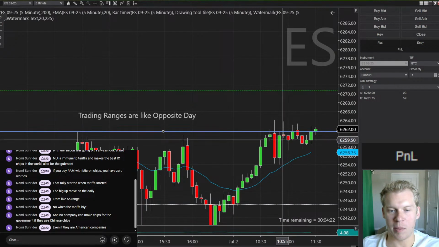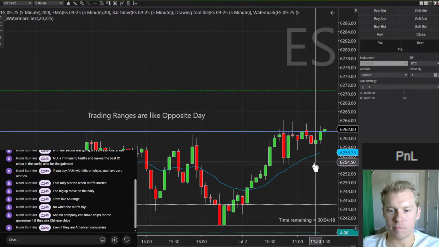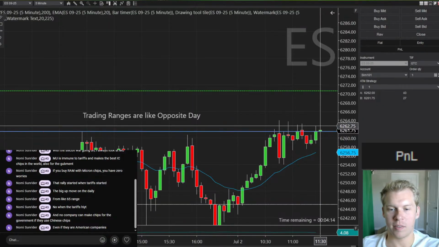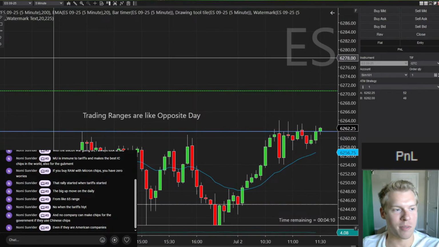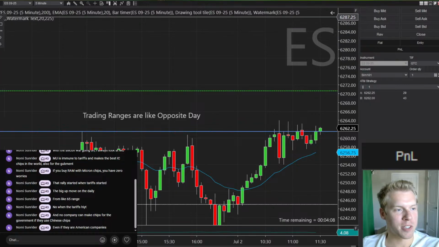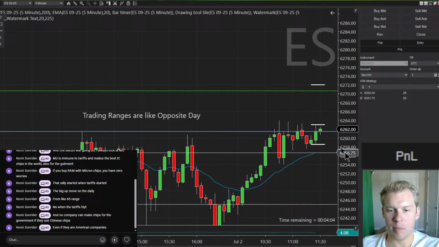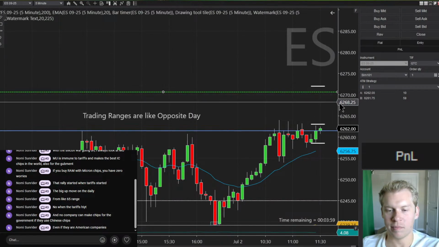And after 3 attempts lower like that, would I buy for a scalp? No, because I don't think the odds are high enough. This is what a swing trade would look like. Buy above it, put your stop below, and you're trying to get it out somewhere around the overnight high up here.